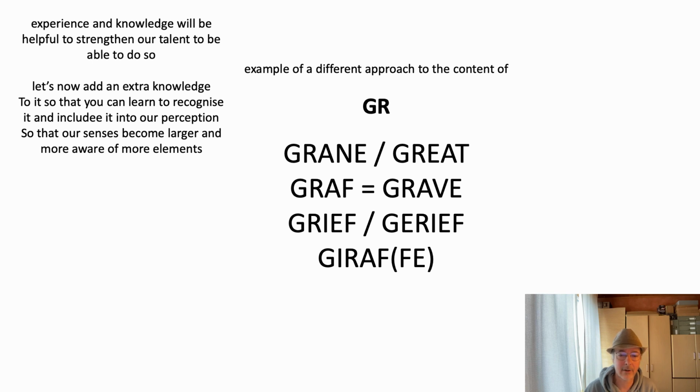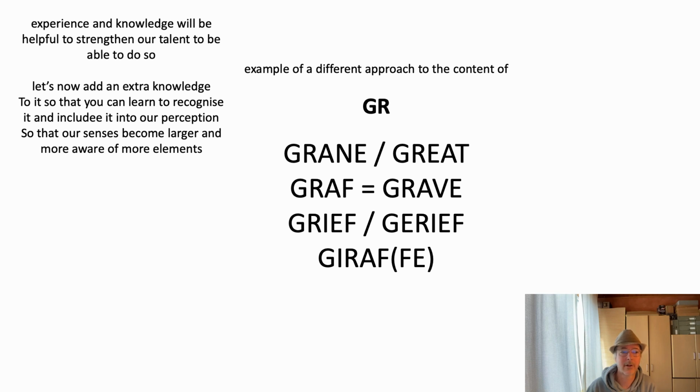I add another angle, and this angle is just an aspect that I didn't mention before. I deliberately waited a little bit for it, because this aspect is something that you have to focus upon separately to grasp it fully, and then you can include it into your sensing it or recognizing it, and add it into your perception so that you can recognize where it lies.